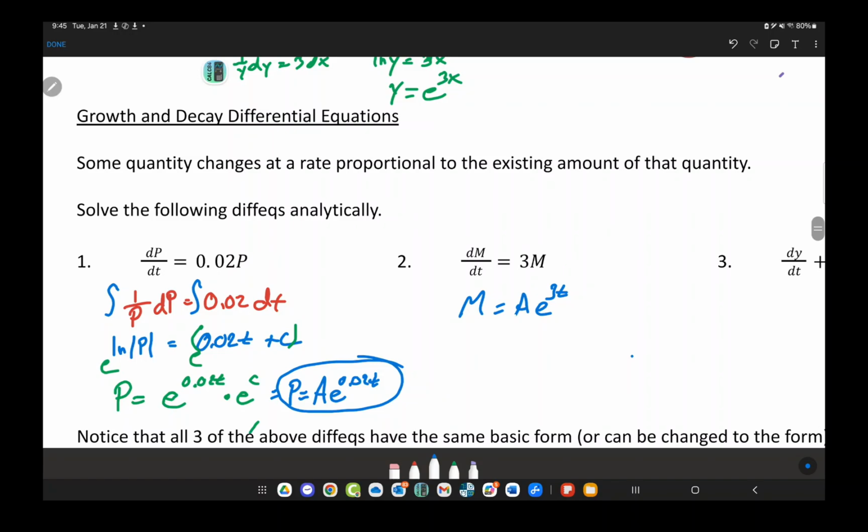Because if you subtract or add constants, it's still constant. So you just bring all your constants to one side. 1 and 2 are pretty much the same question, just a different number. That's the answer.